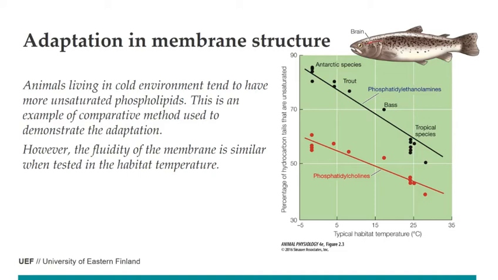Just collect different animals and then check where they live and how much unsaturated phospholipid they have. As you can see, in Antarctic species, in phosphatidylethanolamines, maybe 80% of these phospholipids are unsaturated, whereas in tropical species about 55 to 60% is unsaturated.